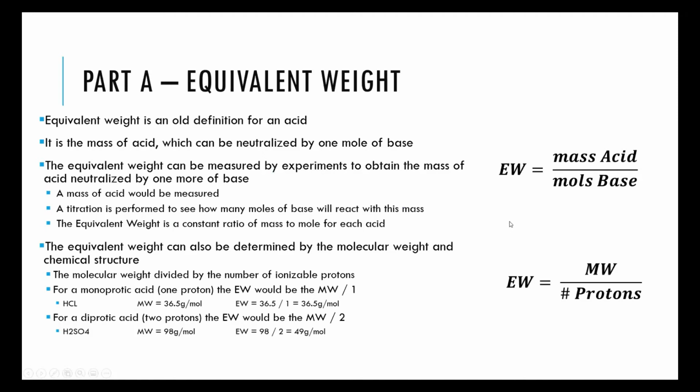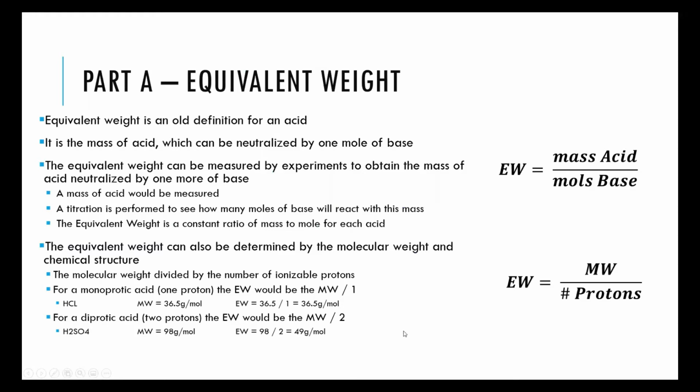So from the experiment in lab, the equivalent weight is going to be equal to the mass of the acid, which is weighed out just directly on the balance, divided by the moles of base. And this is coming from the concentration of sodium hydroxide and the volume of sodium hydroxide from your burette.